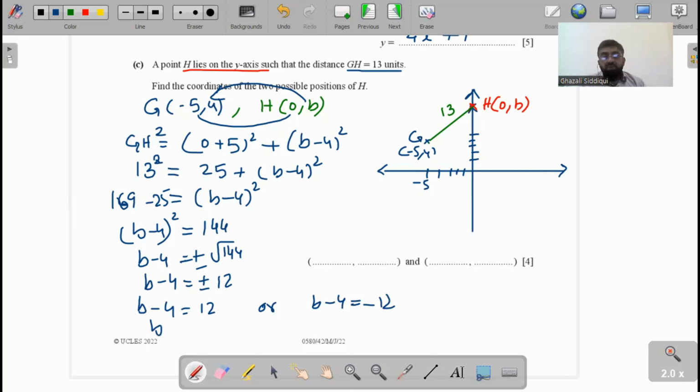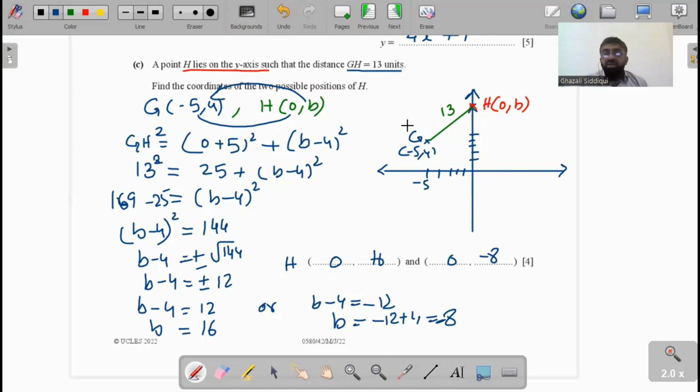Therefore, b will be equal to 12 plus 4, which is 16, or b will be equal to minus 12 plus 4, which is minus 8. So H will be (0, 16) and the other value will be (0, -8). These are the two possible coordinates.